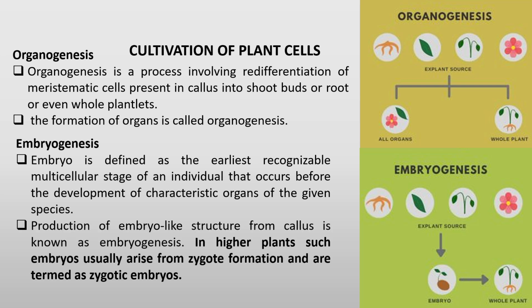Production of embryo-like structures from callus is known as embryogenesis. In higher plants, such embryos usually arise from zygote formation and are termed zygotic embryos.